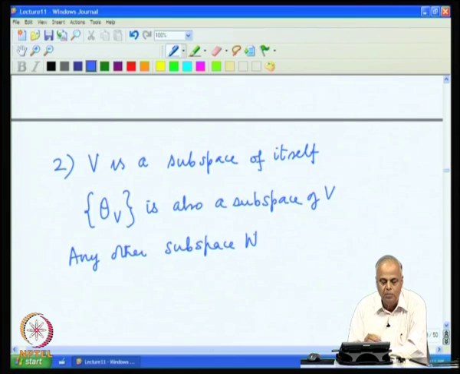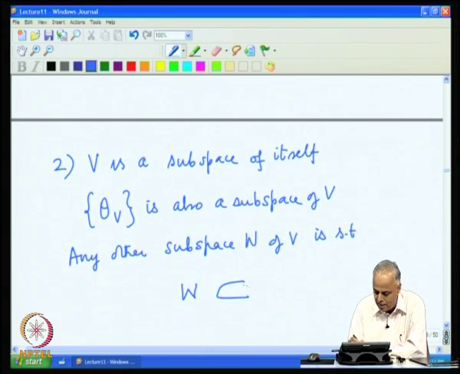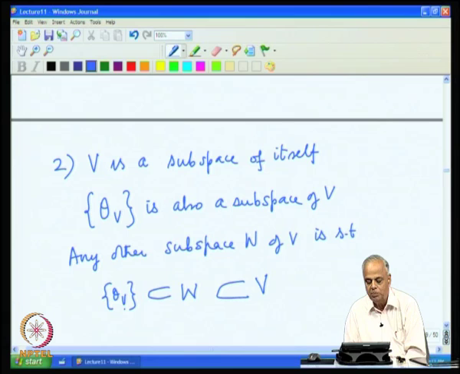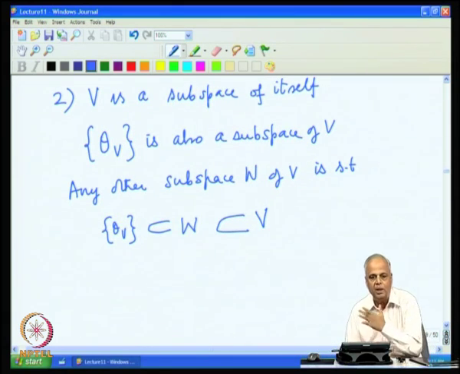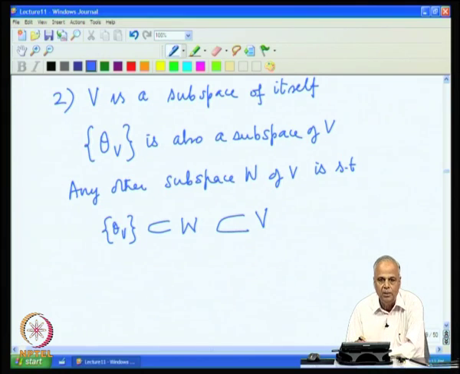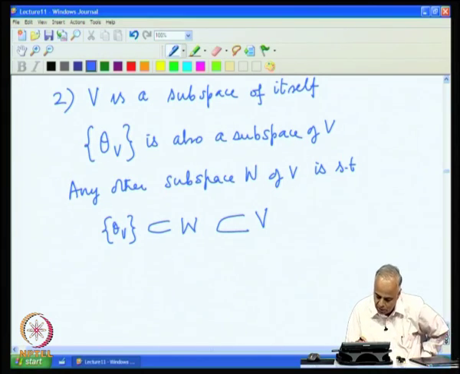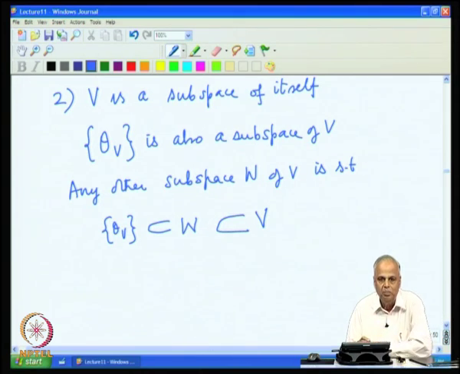Any subspace W of V which is different from these two must certainly be inside V, and since theta V belongs to every subspace, it must contain theta V. So, these are the two extreme subspaces, V the largest subspace and theta V the smallest subspace. Now, what we want is somewhere in between, anything interesting will be in between.